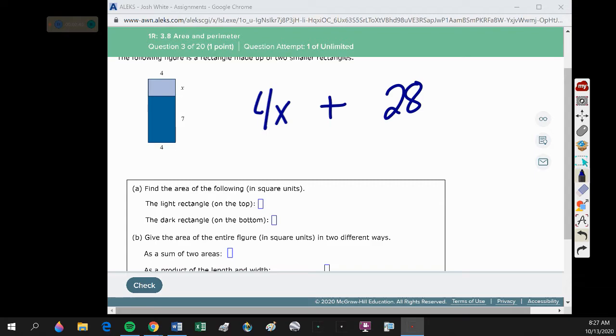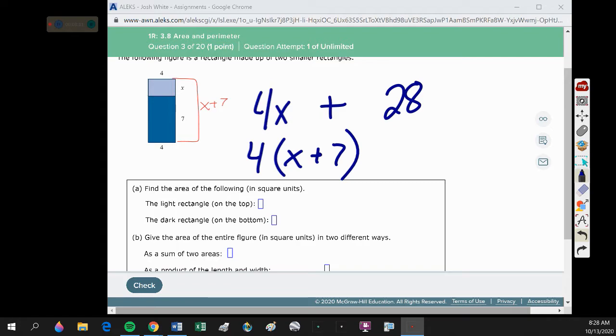What could you do other than adding the areas? You can add the sides. So this side here is x plus 7. So we could say 4 times x plus 7.